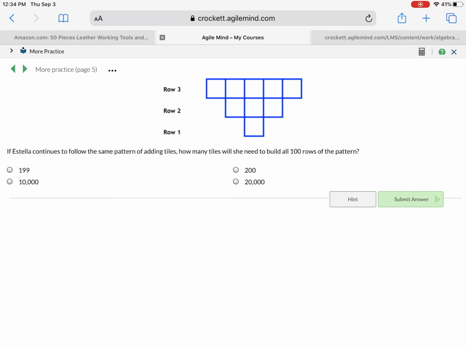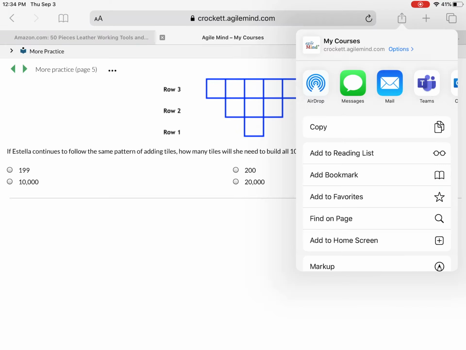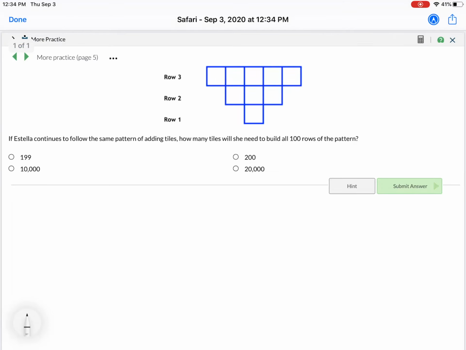All right, number 5 says, if Estella continues to follow the same pattern of adding tiles, how many tiles will she need to build all 100 rows of the pattern? Okay, so keyword right here is all. Okay, so I'm going to give you a hint.